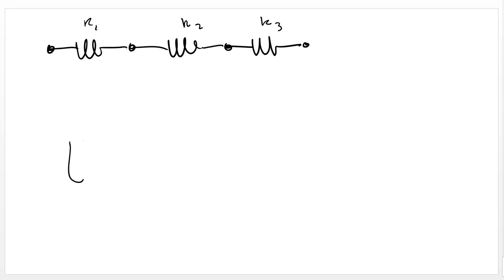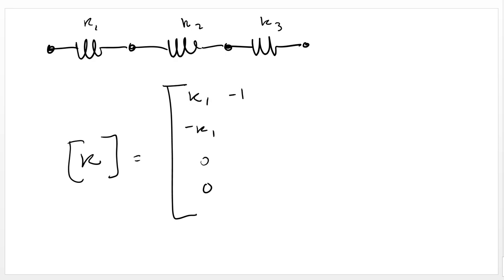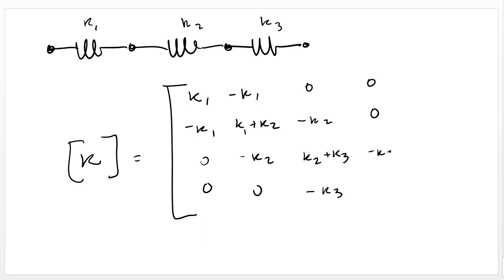By just using what we just learned, you could say K1, minus K1, 0, 0; minus K1, K1 plus K2, sorry, this one goes here, minus K2; K2 plus K3, minus K3; 0, 0, minus K3, K3.